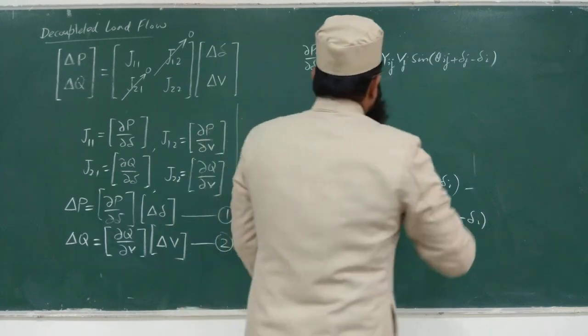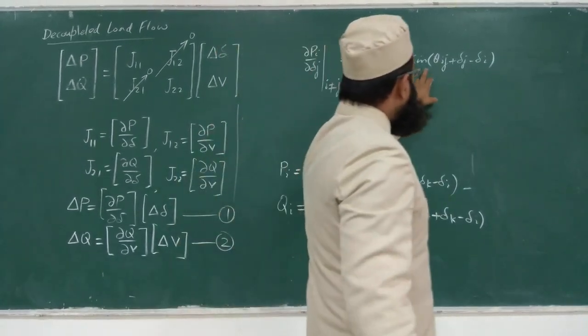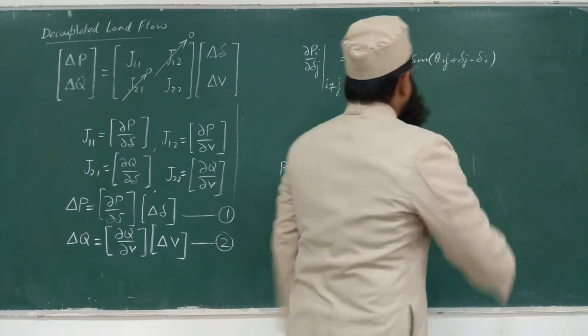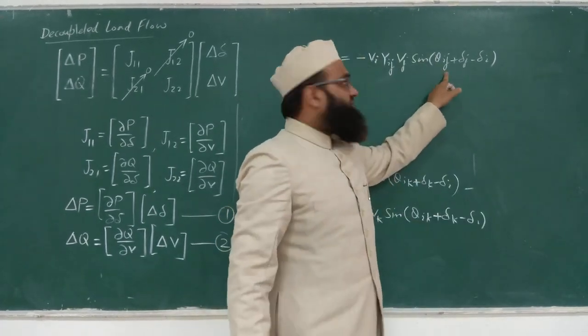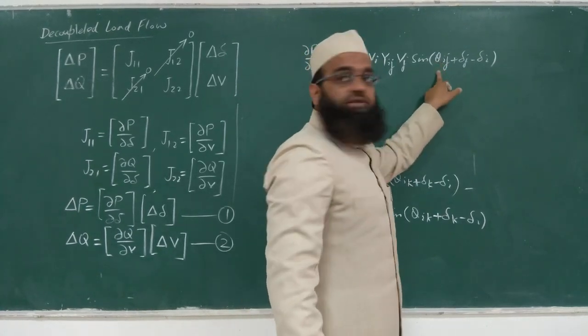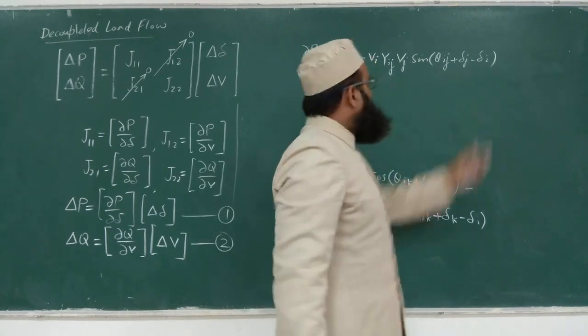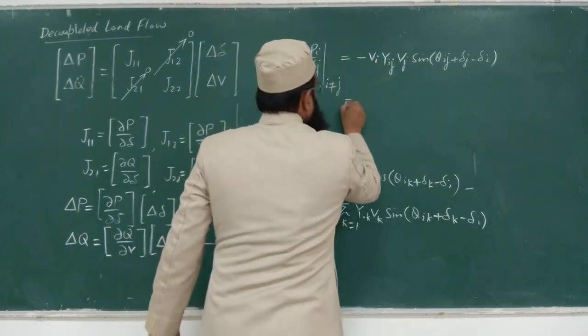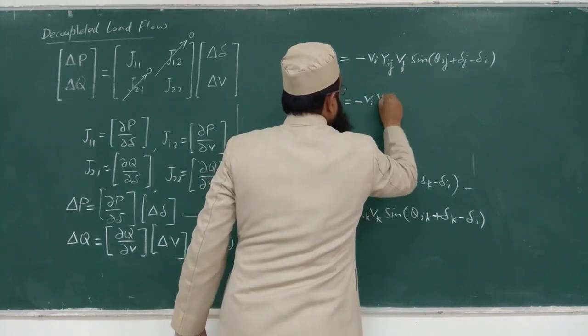Okay. So this is Yij. And this, take separately, this is theta ij. This is not variable. This is fixed. This is variable. So we are having sine of some parameter, fixed value plus some variables. So this can further be written as minus Vi. Take all voltages together.